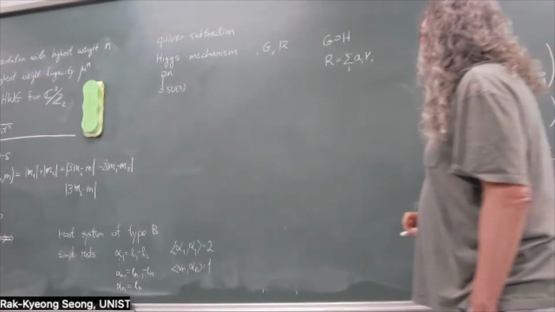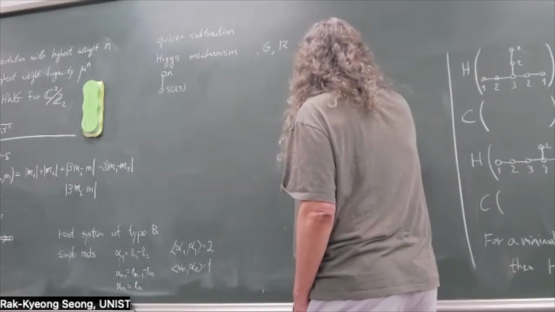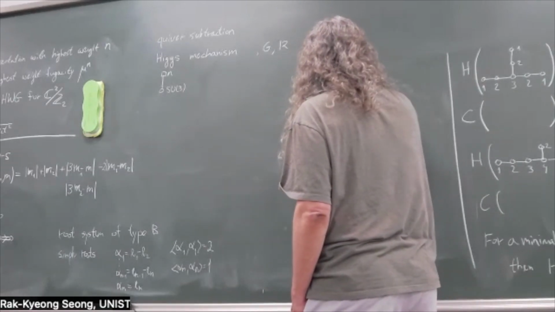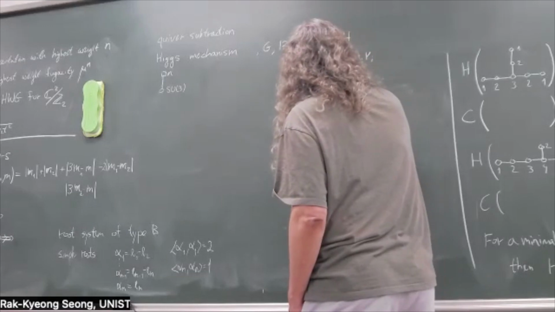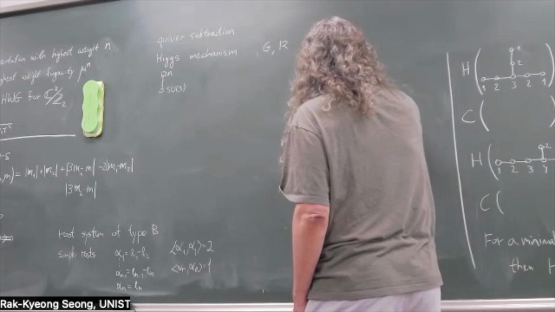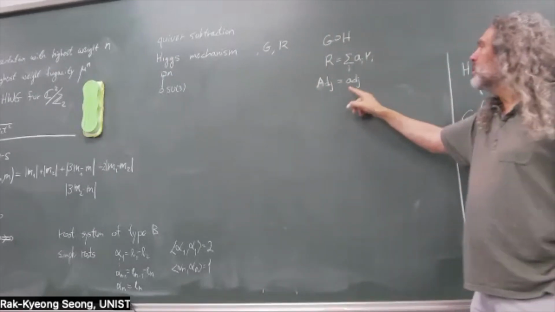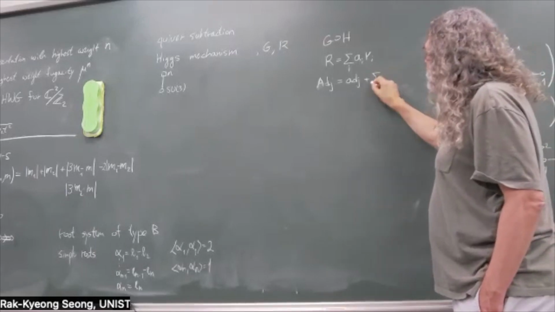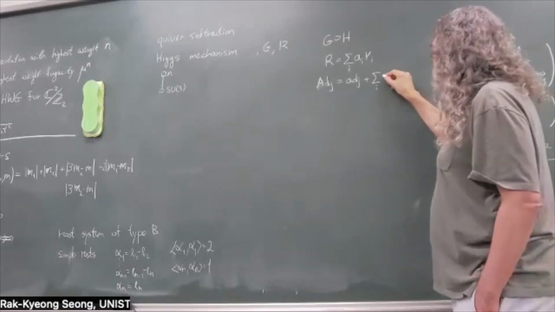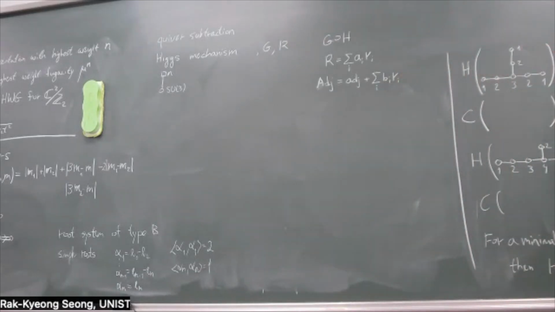Now, the adjoint representation will also decompose. Let's distinguish between the adjoint representation of G and the adjoint representation of H, with capital and lowercase. It decomposes to the adjoint of H plus another sum over i, B_i R_i.